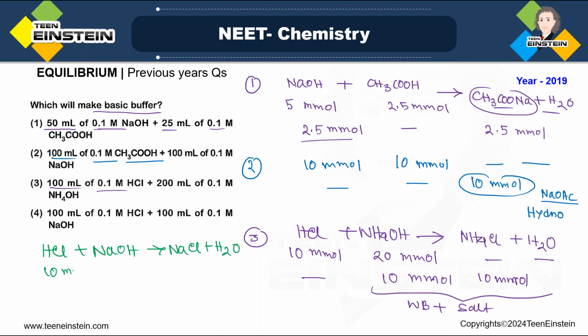So 10 millimole HCl, 10 millimole NaOH, these two are not present initially. So it is a 1:1 reaction. So in the medium, you just have 10 millimole after the reaction, 10 millimole of sodium chloride. And for the salt made from strong base and strong acid, we do not use the term hydrolysis, but the solution will actually be neutral.